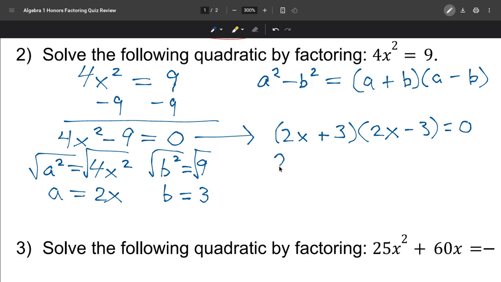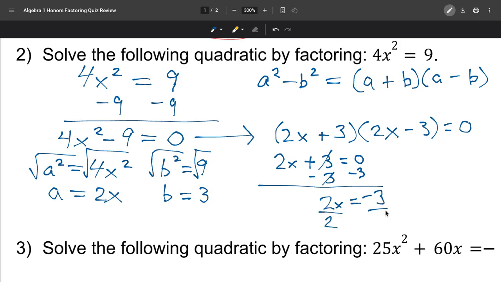So I'll say 2x plus 3 equals 0, and I'll subtract 3 from both sides. 3 minus 3 is 0, so we get 2x equals negative 3. We'll then divide by 2. The 2's cancel out, so I've got x equals negative 3 halves as one of my solutions.